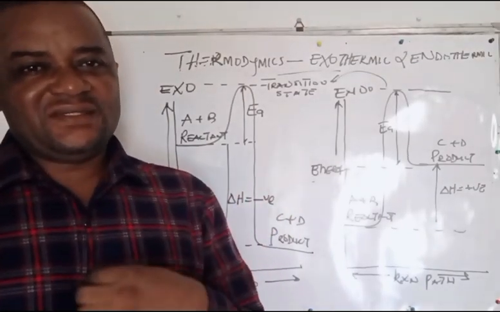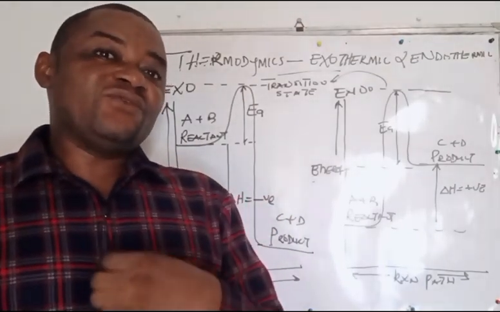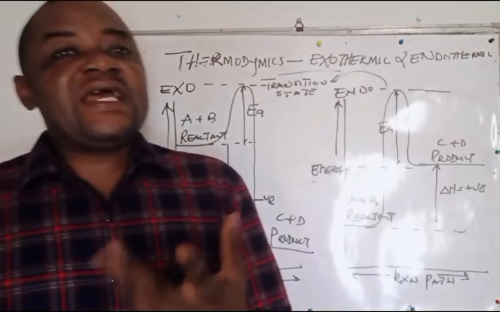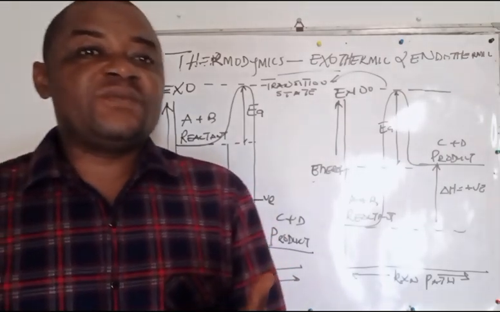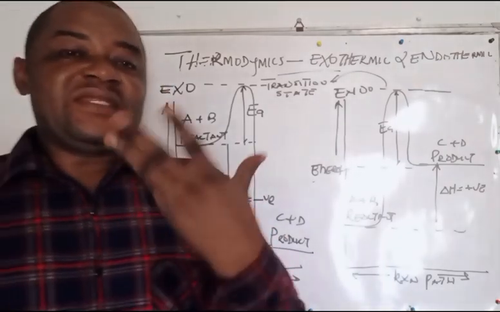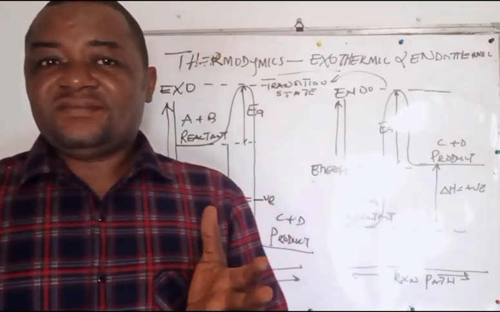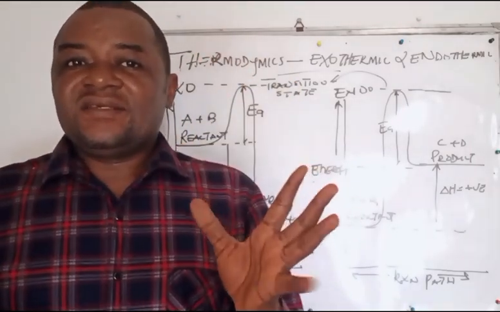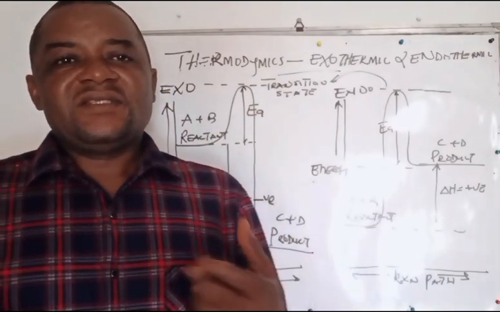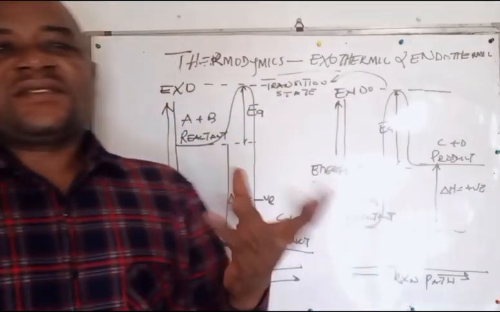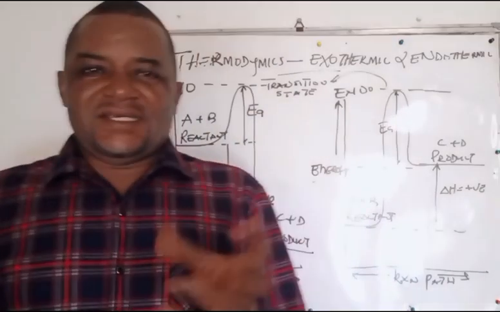What makes them different? But before we go into that, do you know that not all exothermic reactions come with the sending out of light energy, sending out of heat, changing of temperature? Do you know that we also have some sort of glow sticks?